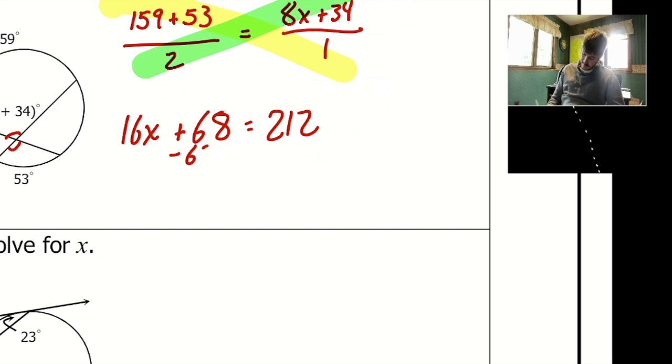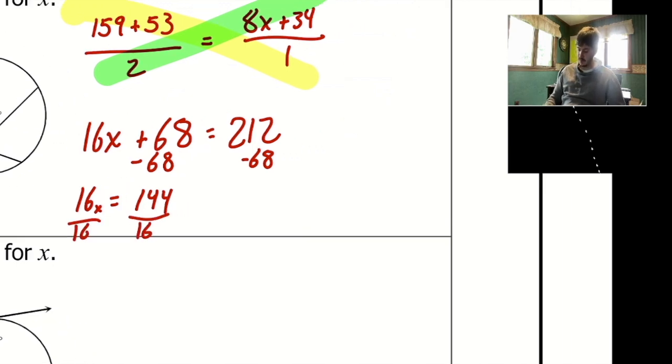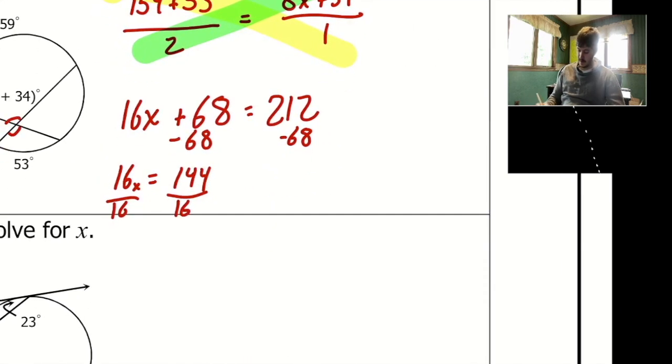Subtract 68 from both sides, which is 16x. And then lastly, divide by 16, which we get, we get x is equal to 9.